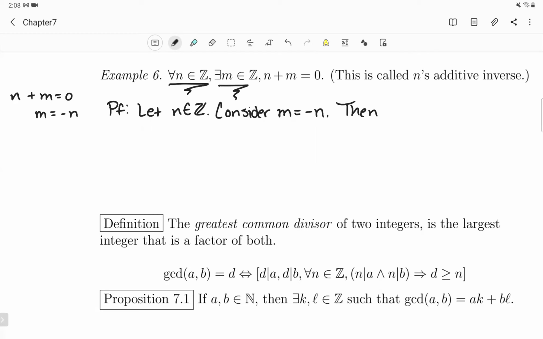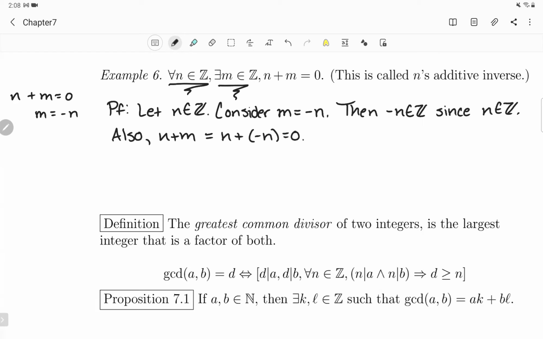Since n is an integer, its opposite, multiplying by -1, is still an integer. So negative n is an element of Z since n is an integer. Also, n plus m equals n plus negative n equals 0.